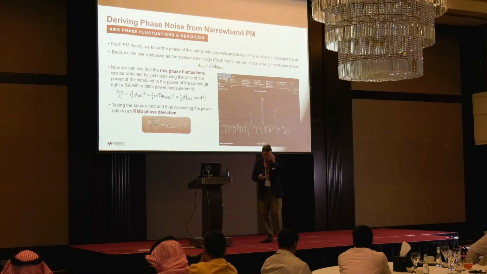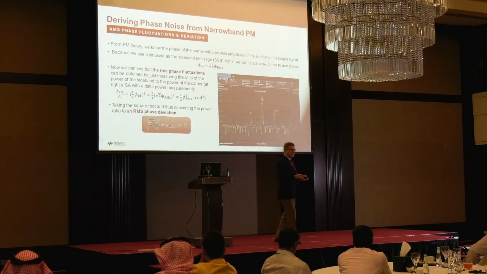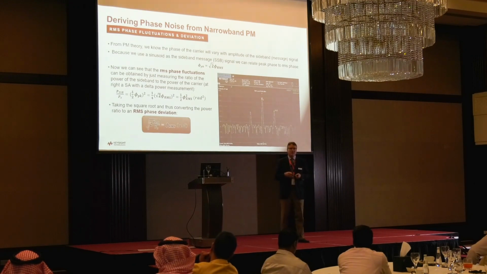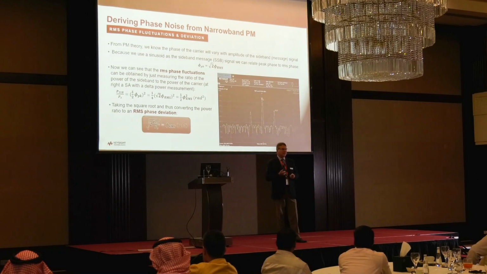So another important consideration is that this is not a deterministic signal. Phase noise is noise-like, right? Random amplitudes with time. So we actually are more concerned with the RMS, or the root mean square average phase deviation, and we will use that to calculate the actual phase noise.